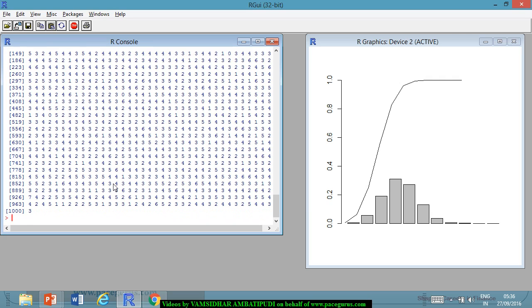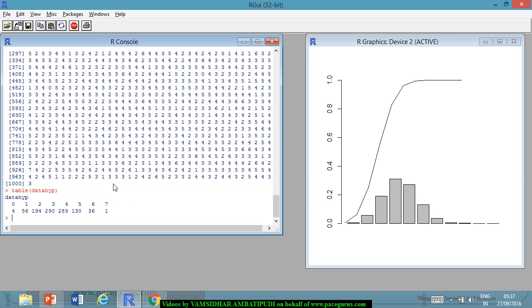Even when you take the table of the data, the table is saying that out of 1000 simulations, there are 4 where you have 0 successes, 56 where you have 1 success, 194 with 2 successes, 290 with 3 successes, 289 with 4 successes, and so on.